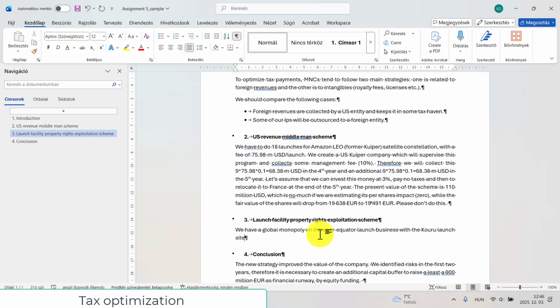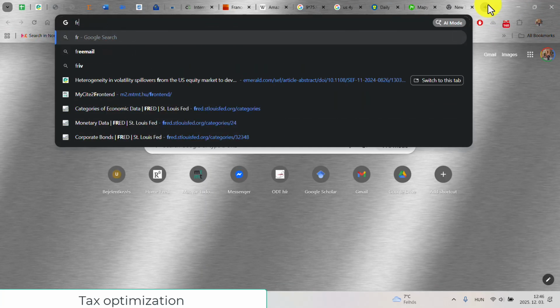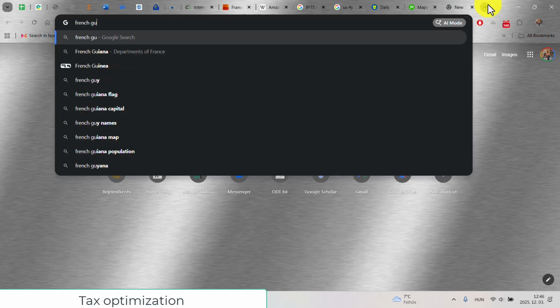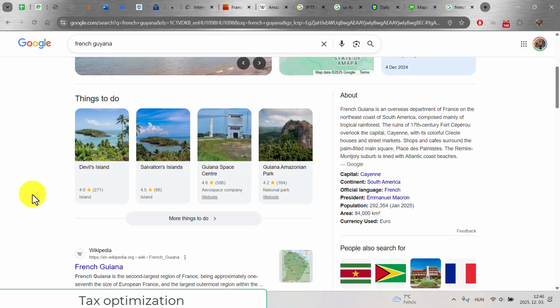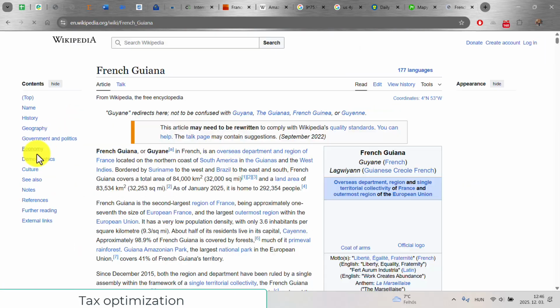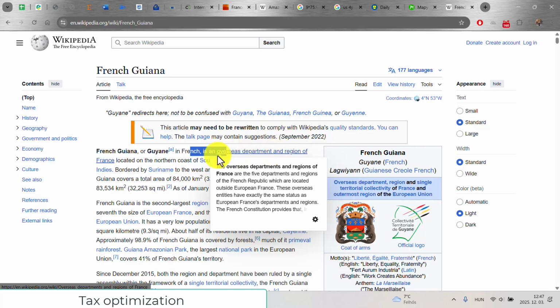The problem is that Kourou is located in French Guiana, and French Guiana is not an overseas territory. This is even part of the European Union. So this is just a French county. I think this is the. But let's check it. Nice. Overseas department and region of France.